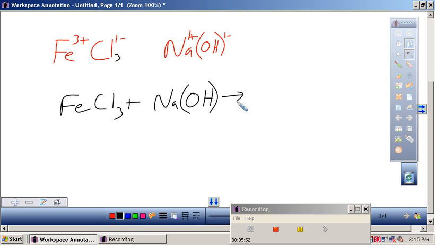And it's going to tell me my products. Iron 3 hydroxide. So again, I got my iron, tells me my charge. My hydroxide, it's always a charge of 1 minus. That's a polyatomic, we just look it up. And I'm going to crisscross the charges. My 3 goes down there, my 1 goes down there.